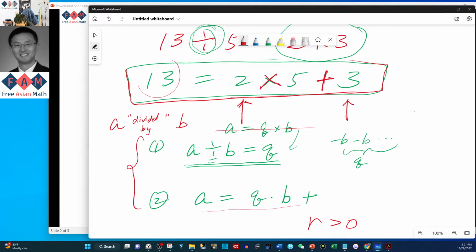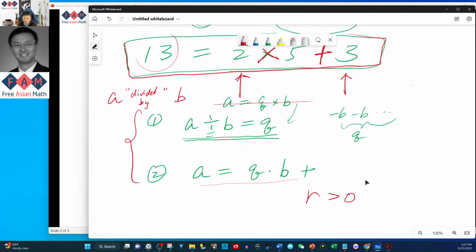At the same time, can R be greater than B? Or can R be equal to B? Either way, we can continue to subtract B from this operation, right? If R is greater than B, we can subtract another B, and we still have something remaining.